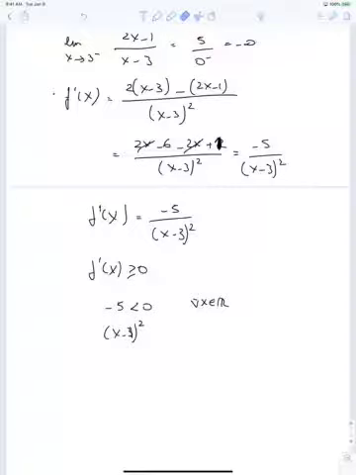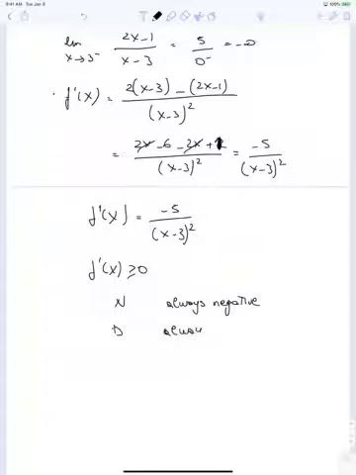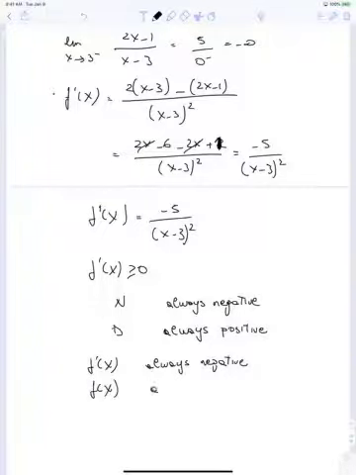So essentially, let's write it this way. The numerator is always negative, and the denominator is always positive, except in 3 where it is not defined, of course. So it means that f prime of x is always negative in the domain of the function, of course. So f of x is always decreasing.